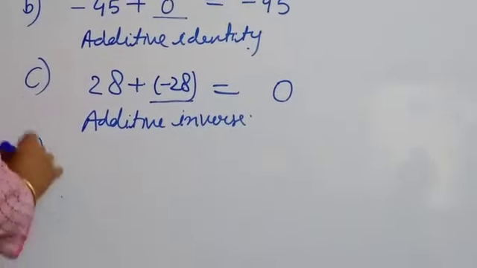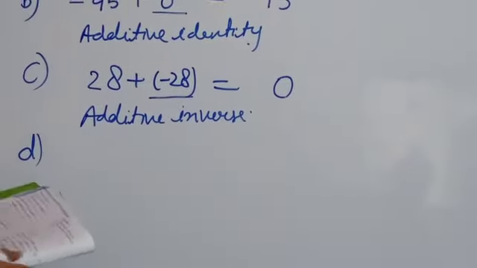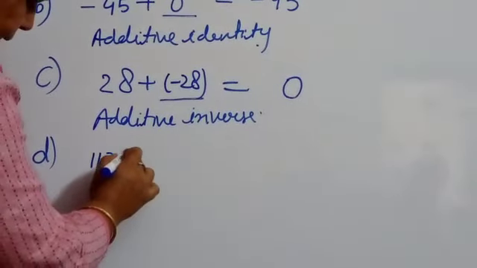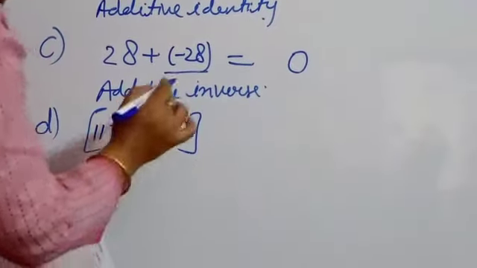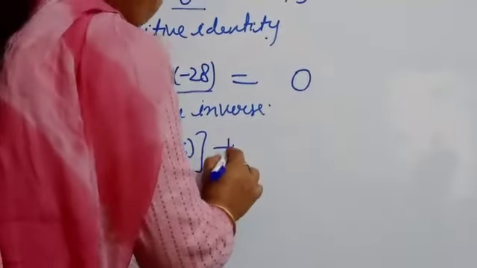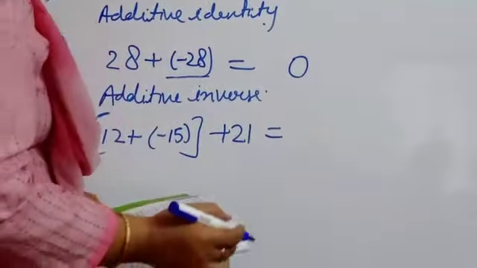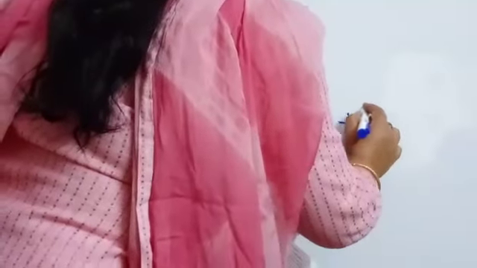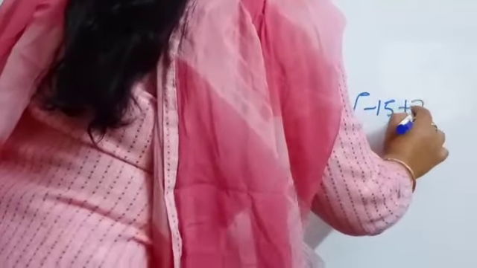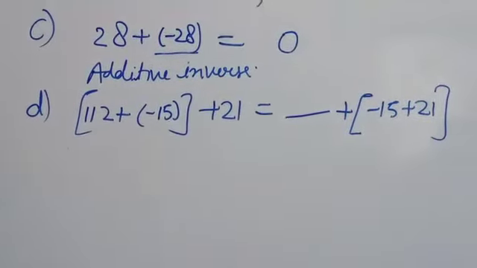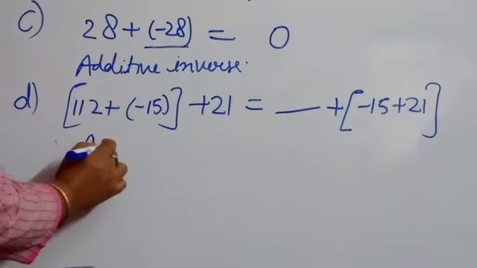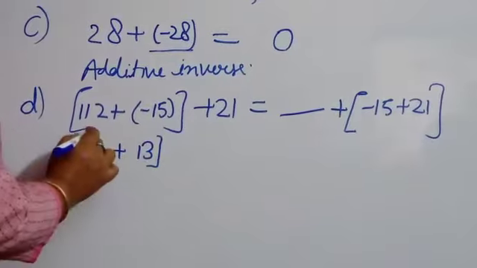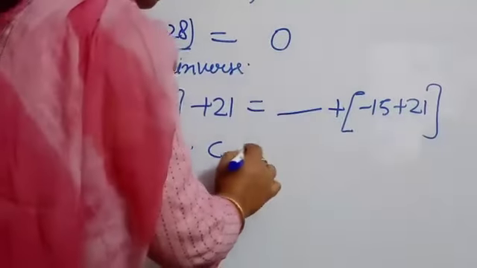See that now. D part: 112 plus minus 15, given in brackets like that, plus 21 is equal to this plus minus 15 plus 21. And for the third number you have learned one property, that was the associative property. If I put A plus B, or plus C, what will come?